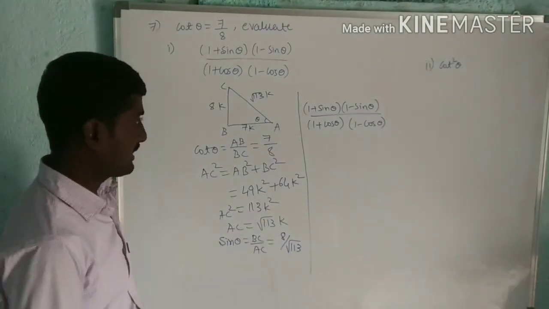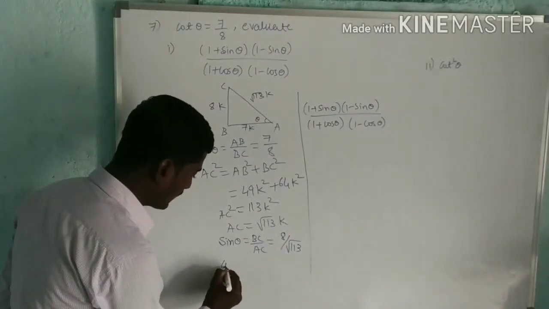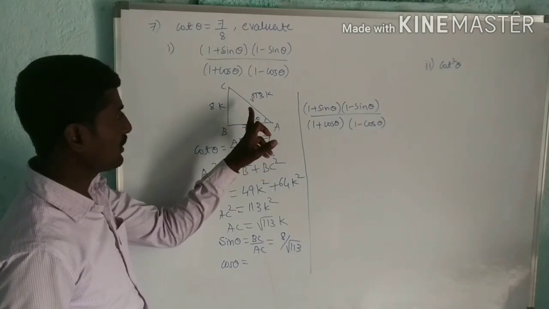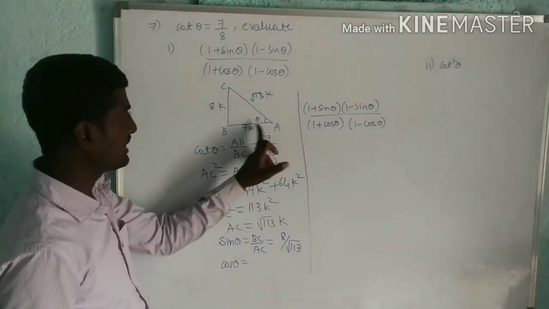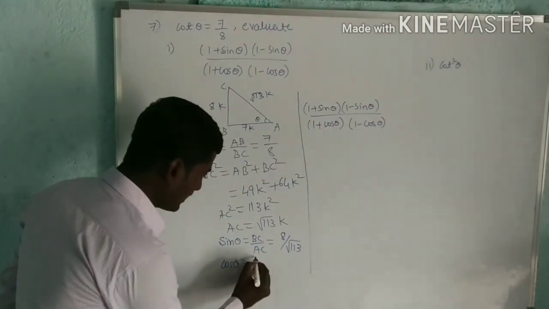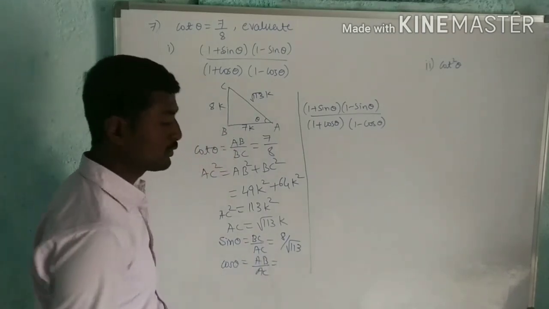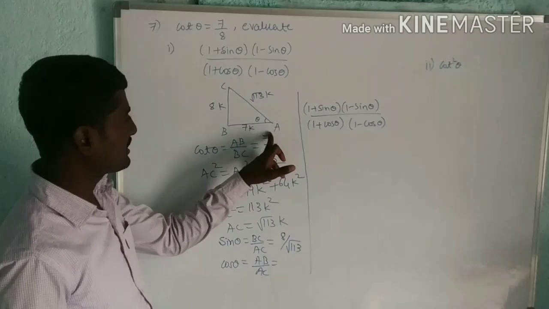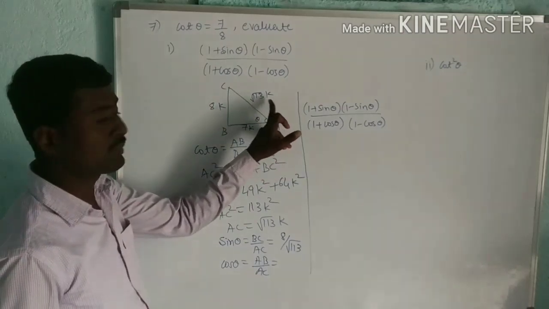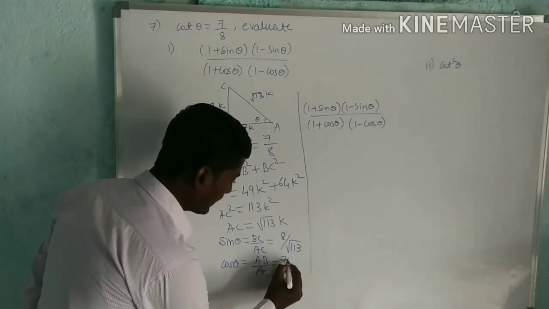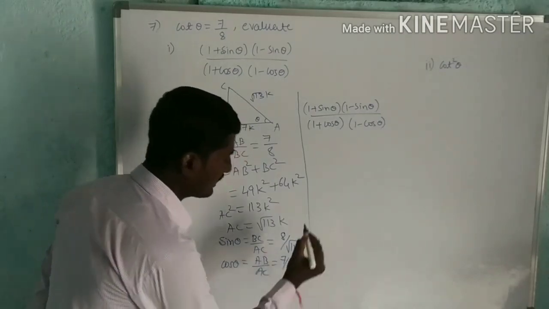Next, cos theta is required. Cos theta is adjacent by hypotenuse, that is AB divided by AC. AB is 7k divided by root of 113k. So k gets cancelled. 7 divided by root of 113.